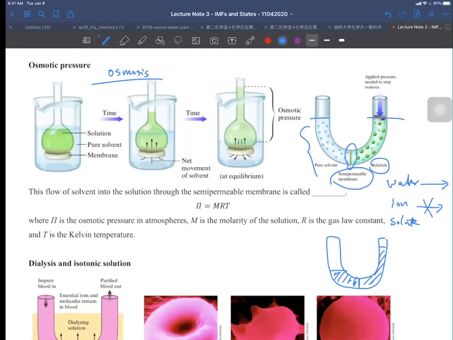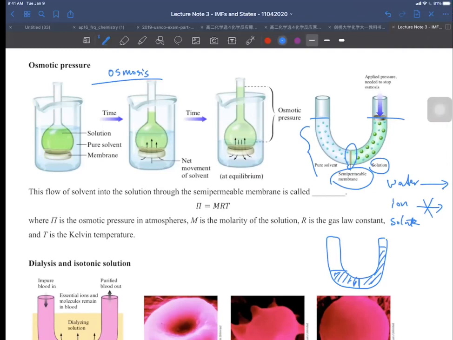Why? Because the water side wants to dilute the solution. The final goal is to reach equilibrium, when the two sides have the same concentration. But it can never be the same concentration, since the left side is just pure water, right?